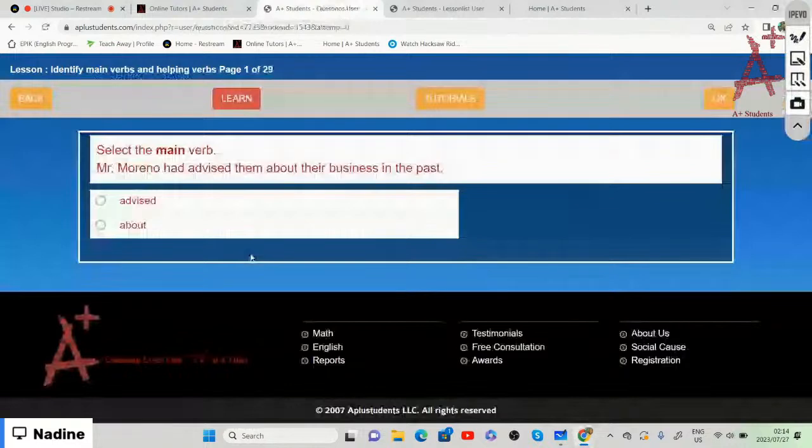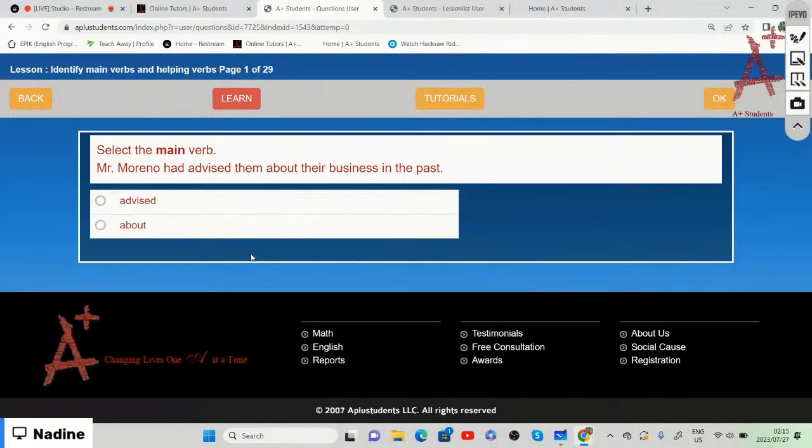We need to select the main verb within the sentence. Mr. Moreno had advised them about their business in the past. Is it advised or about?